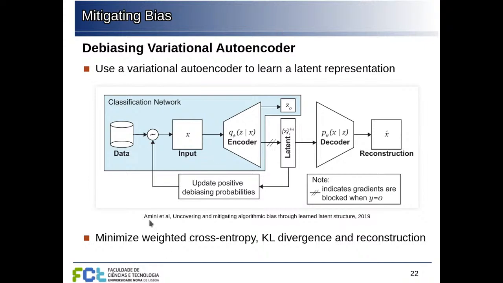So the architecture proposed by the authors here is to have this classification network. So we have the input, this part of the network that also works as an encoder has some outputs that will be used to classify each example.